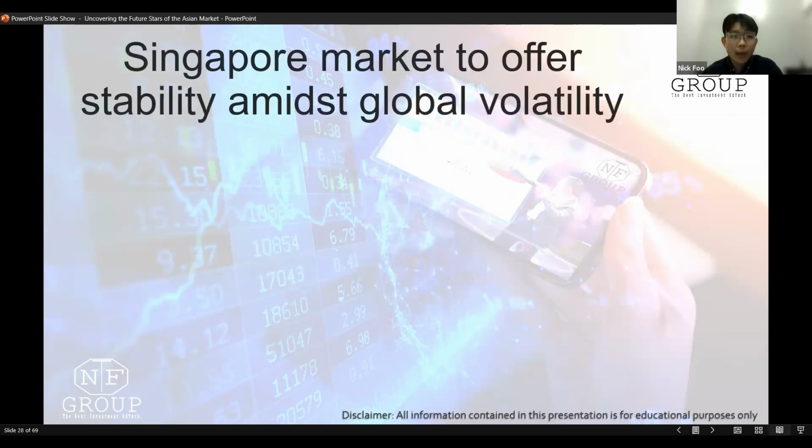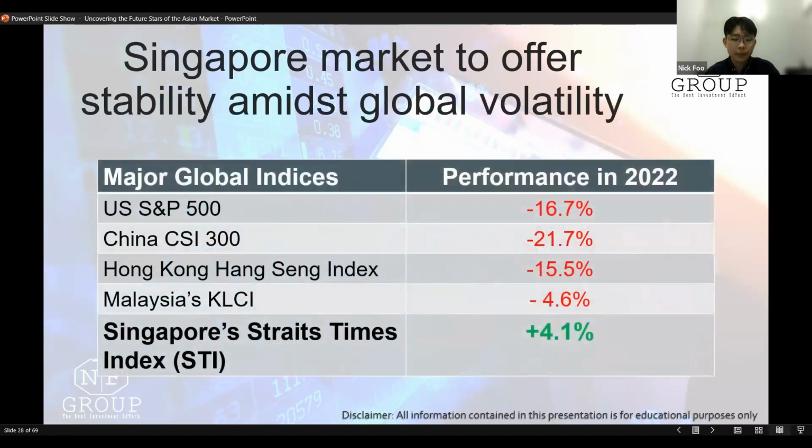Okay, ladies and gentlemen, the Singapore market offers stability amidst global volatility. Why do I say so? Now, if you look at this table, in 2022, I'm talking about global index performance.